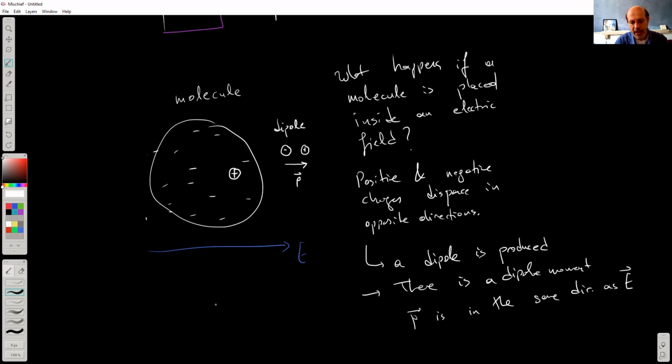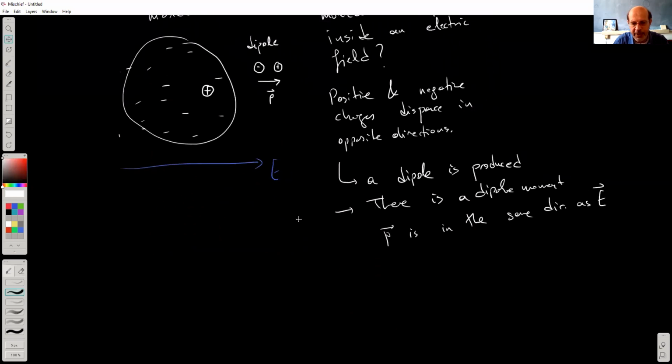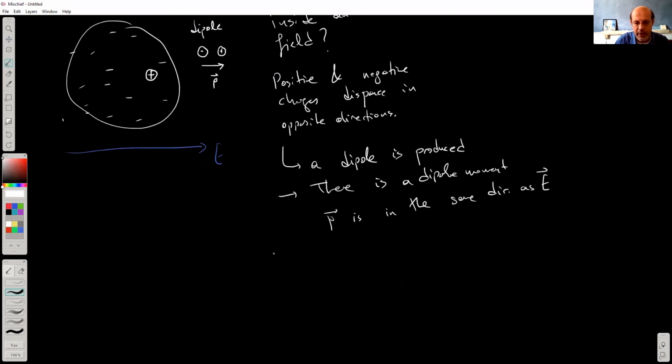Okay, so somehow I can express the interaction of a molecule with an external electric field like that. If you apply an electric field to a molecule or an atom or whatever, it's going to polarize. So therefore it's going to develop a dipole moment. That's kind of the simplest picture. This is called the induced dipole moment.